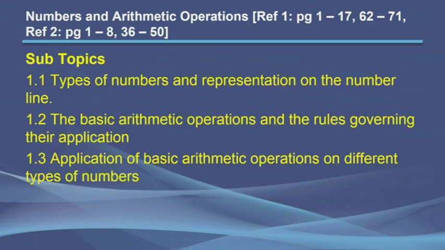In this video we are going to revise the first two chapters. The first chapter is about numbers and arithmetic operations. Under it, you should have an idea of the following subtopics: types of numbers and representation on the number line, the basic arithmetic operations and the rules governing the application of the basic arithmetic operations on different types of numbers.